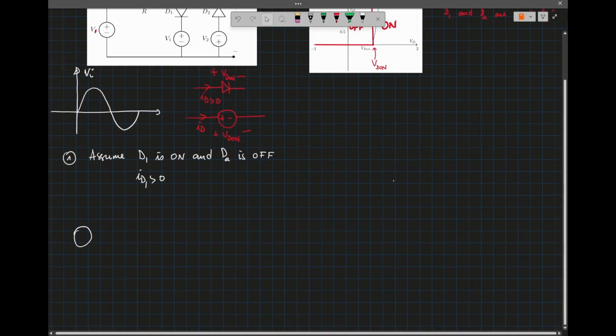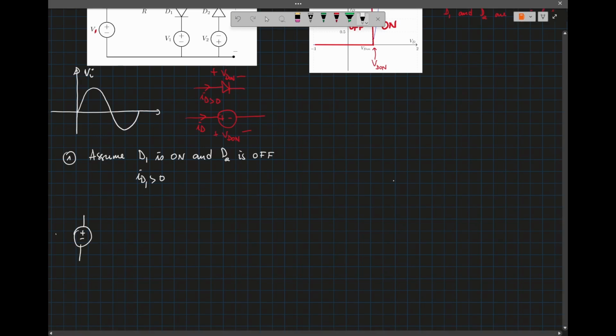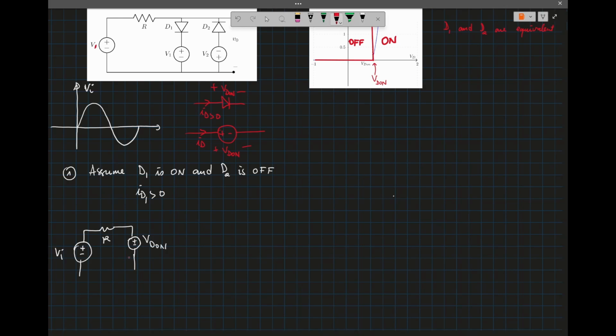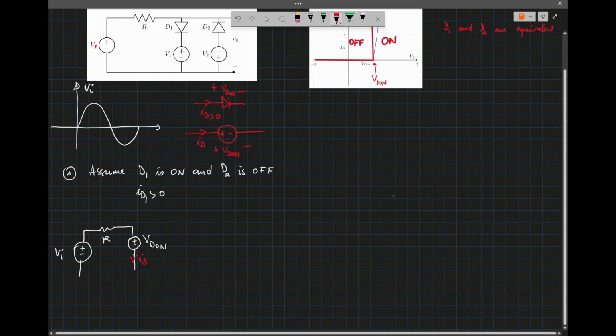Over one cycle. So we have VI, then I have the resistor, and then we said that diode 1 is on, so I will have VD on, and the current, call it ID1, and then the bias voltage V1 is there.